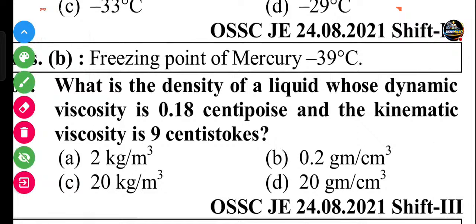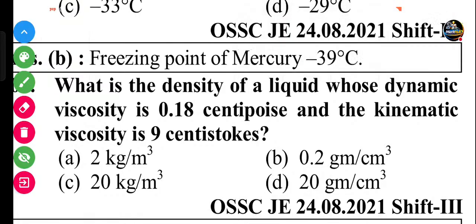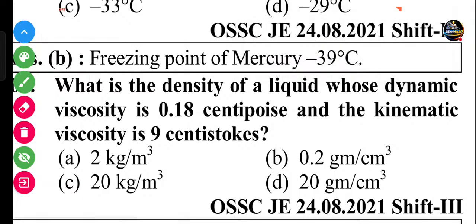Next question: what is the density of a liquid whose dynamic viscosity is 0.18 centipoise and the kinematic viscosity is 9 centistoke? A 20 kg per meter cube, B 0.2 gram per centimeter cube, C 20 kg per meter cube, D 20 gram per centimeter cube.